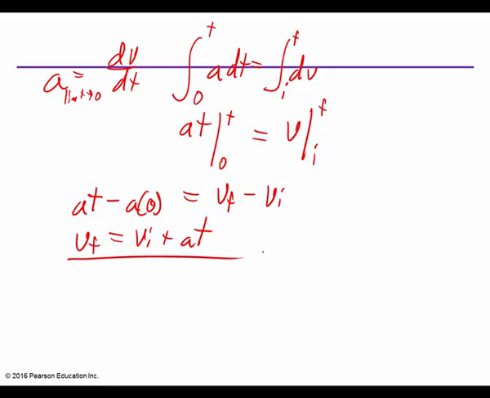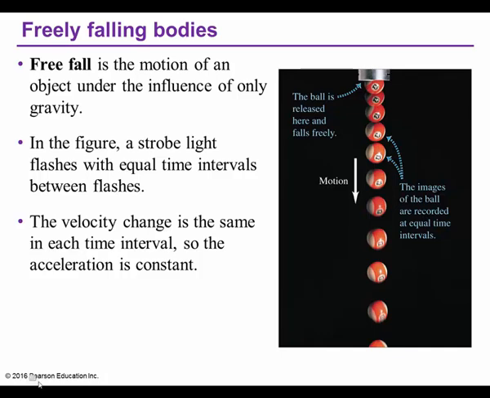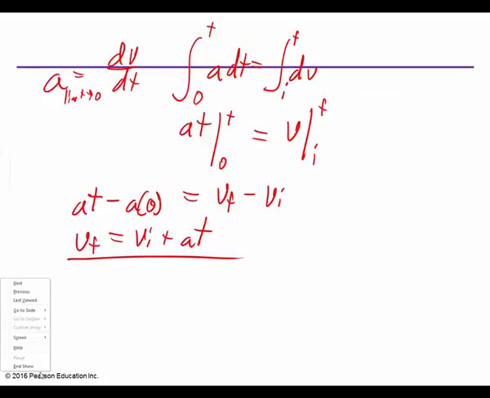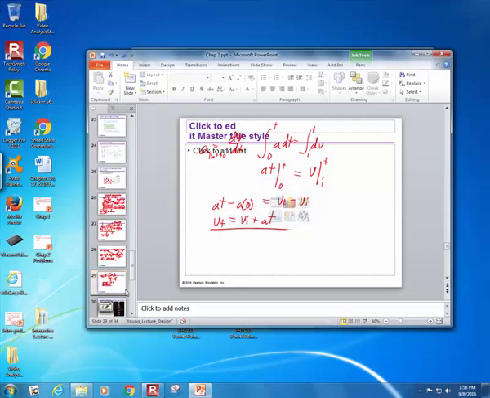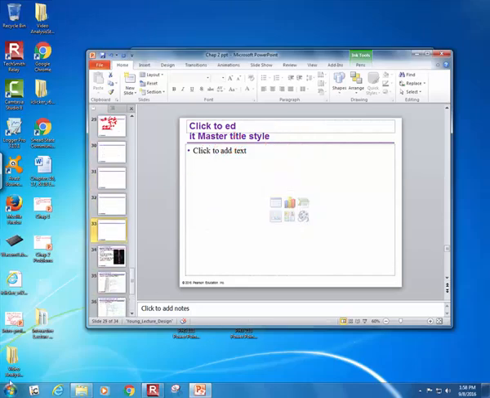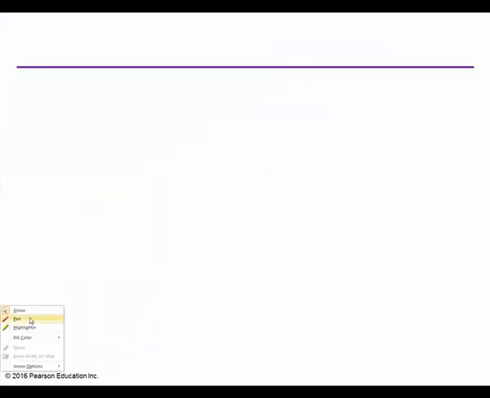Let's take it a step further. Let's take that same equation, V final is equal to V initial plus at.